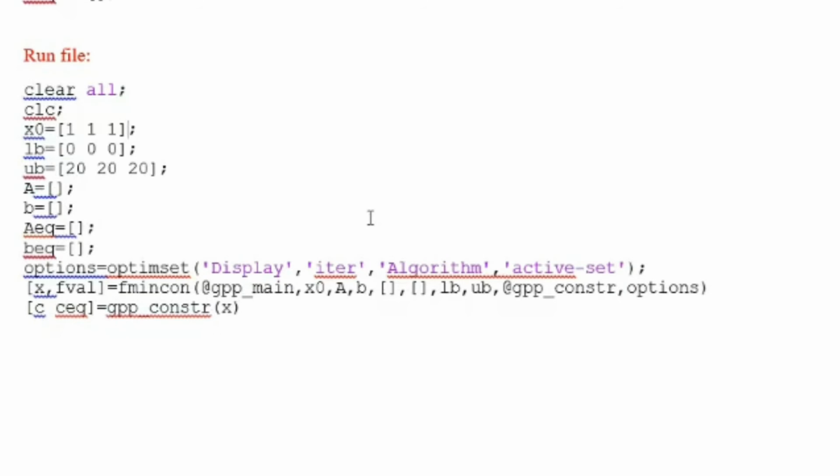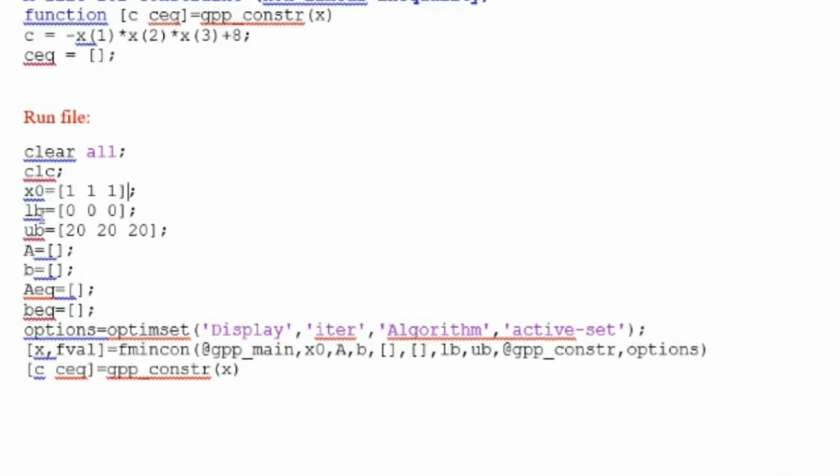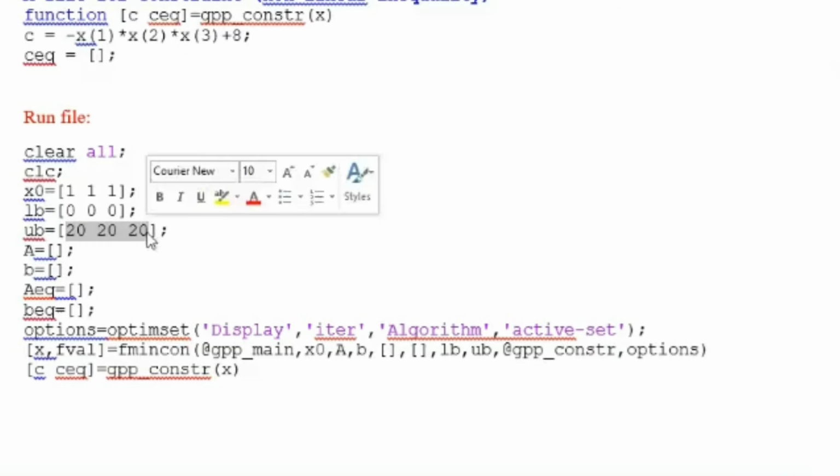Based upon our field experience, we may be able to specify the lower bound and upper bound, right? With respect to the lower bound and upper bound, we can randomly provide the initial guess, the predicted solution. Here, since the author knows the solution for this problem, the lower bound is specified as 0, 0, 0 for all three variables. Then the upper bound is specified as 20, 20, 20.